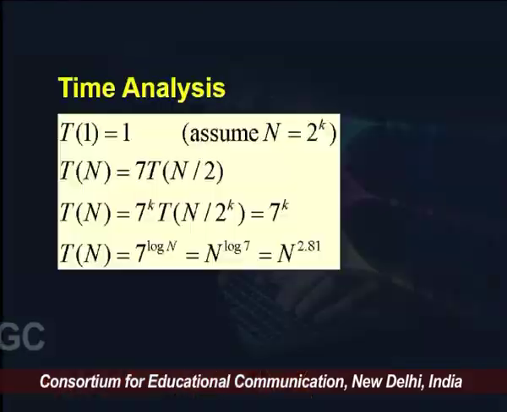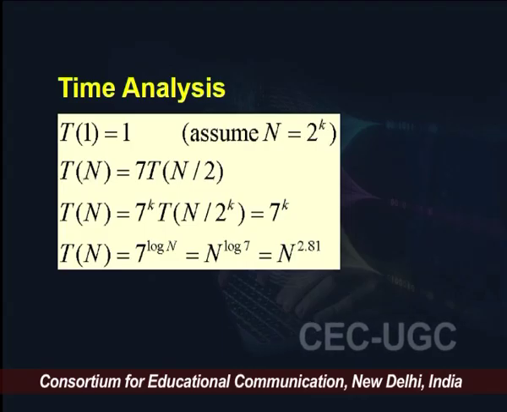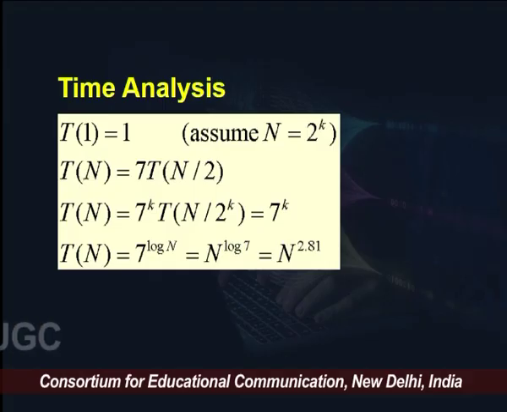Now, if we talk about the time analysis, when the problem is of size 1, T of 1 is equal to 1, and we assume that n is equal to 2 to the power k, that means our size is a power of 2.